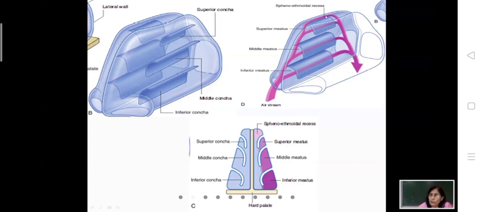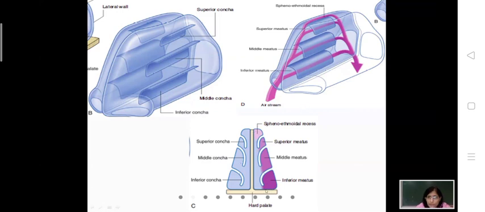Between the superior meatus and the roof of the nose, a depressed area is present, which is called the sphenoethmoidal recess. Grays says that it is present between the roof of nose and the superior meatus. Some books say that a depressed area on the lateral wall of nose behind the superior meatus is called the sphenoethmoidal recess. Okay, so remember it.